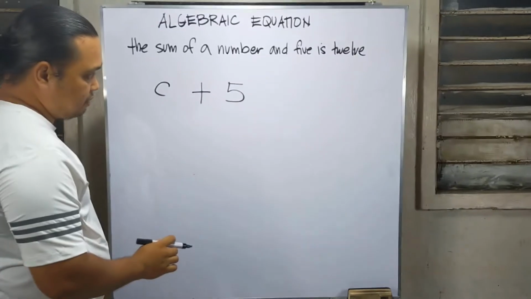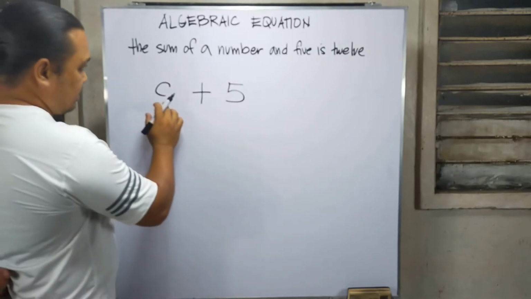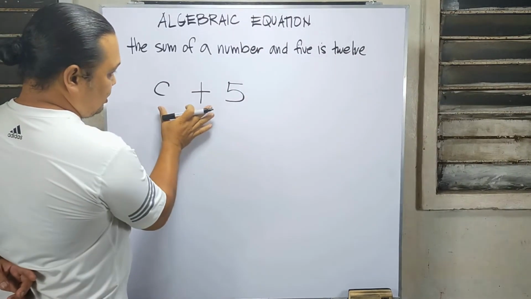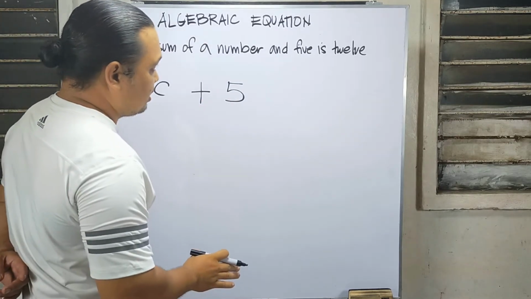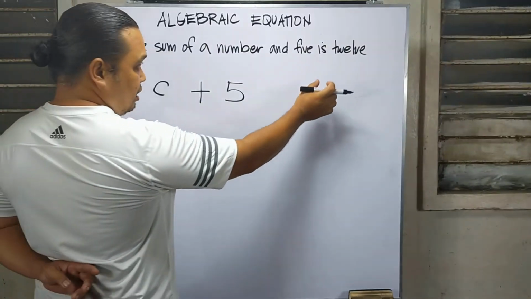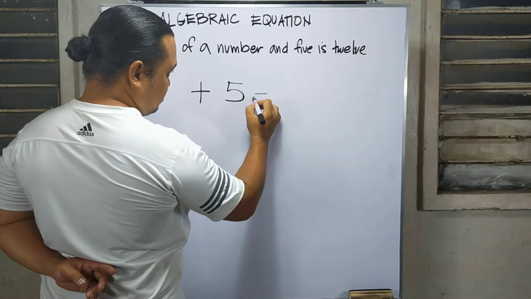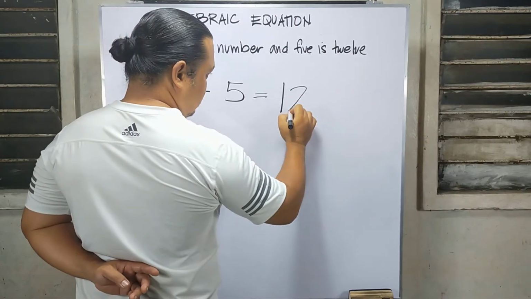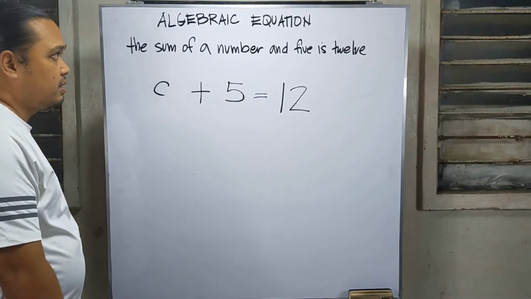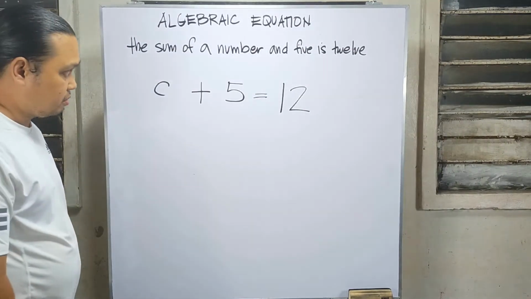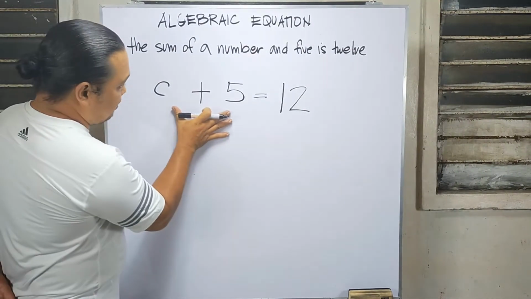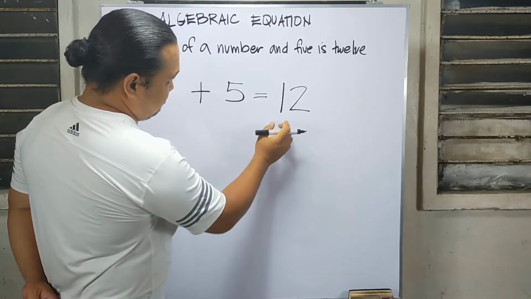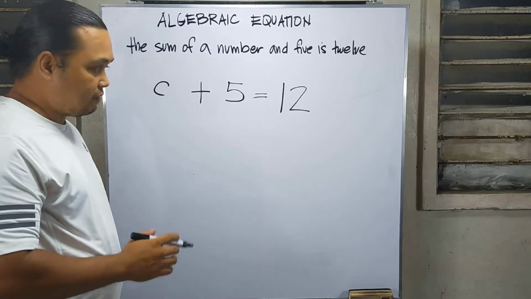C is our variable, and the sum of a number, that is C and 5, will be C plus 5 is equal to 12, and that will be our algebraic equation. The sum of a number and 5 is 12. Well, let's have some more examples.